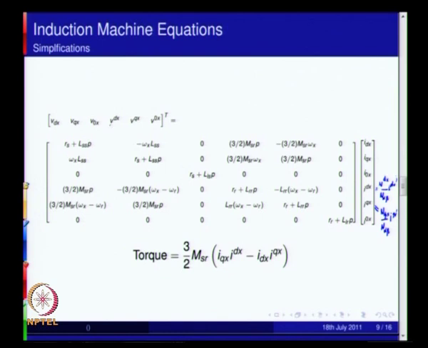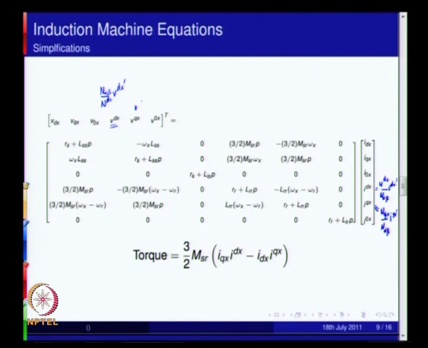Similarly, these voltages V dx would also be equal to n alpha beta by n dx multiplied by V dx dash, and similarly the qx also from the previous equation we write it.